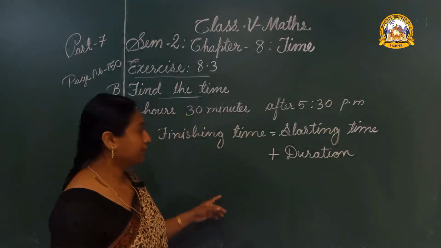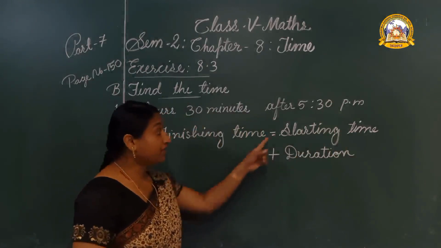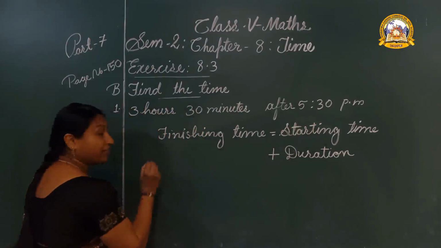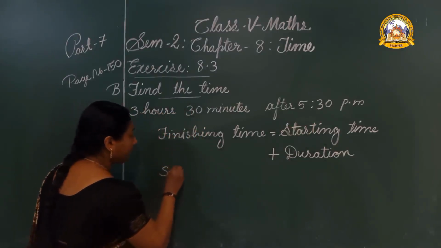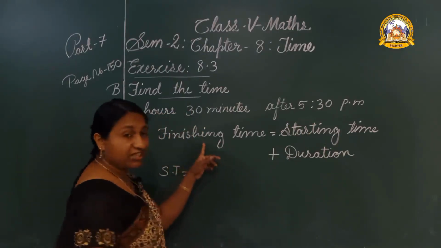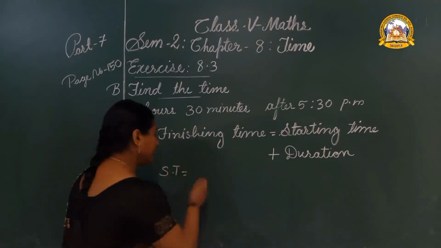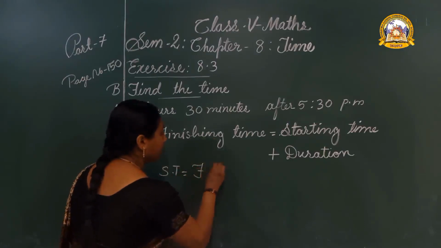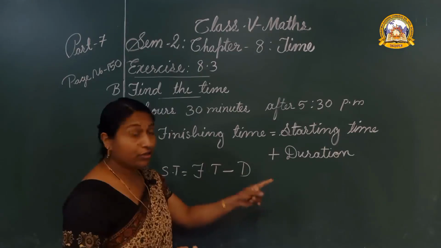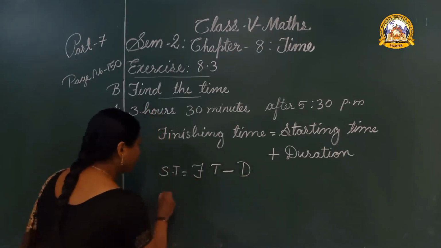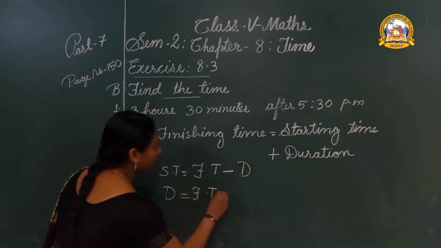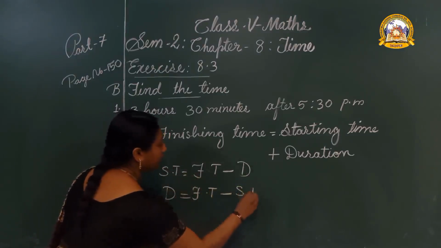Okay, if we want to find the starting time, let us write ST for starting time. ST, starting time is equal to finishing time minus duration. If we want to find the duration, duration is equal to finishing time minus starting time.